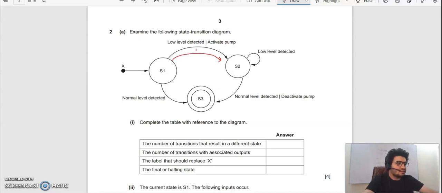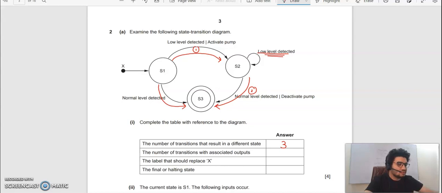So that's the first one. Normal level detected makes you go from state 2 to state 3. That's the second. And the third one is normal level detected, which makes you go from state 1 to state 3. So the number of transitions that result in a different state is 3. We would not count low level detected over here. Why? Because it's not making you go to another state. You're actually still staying within the same state, which is S2.